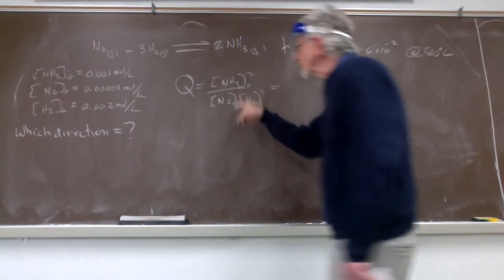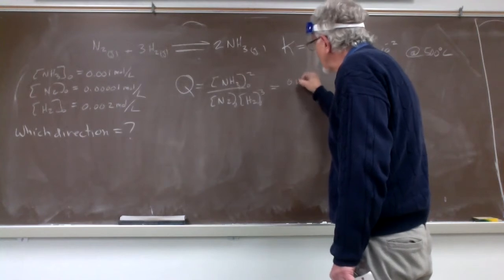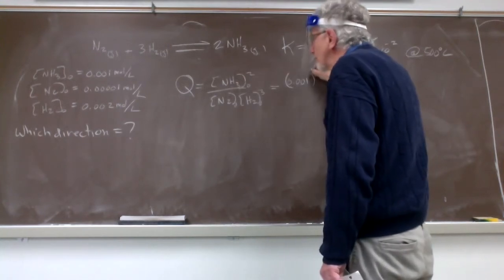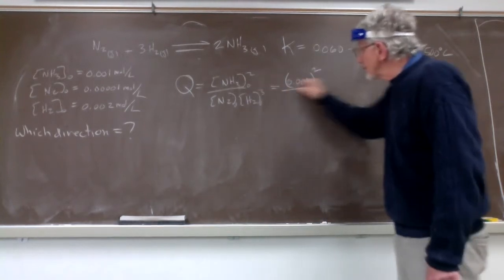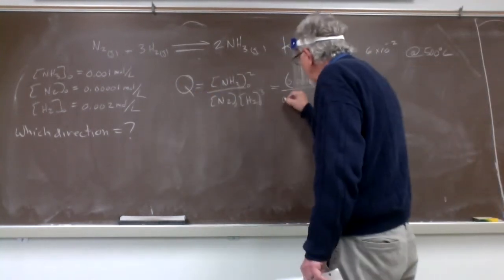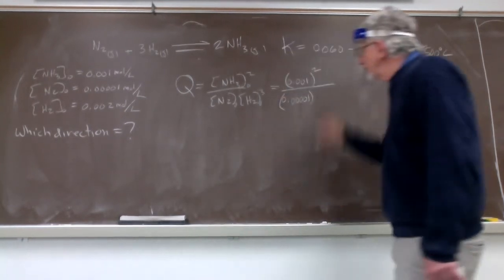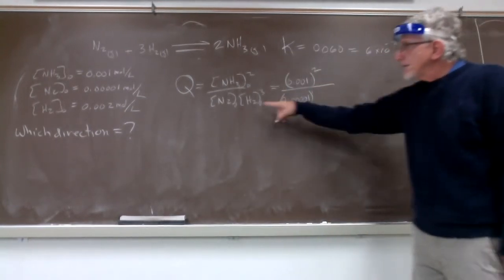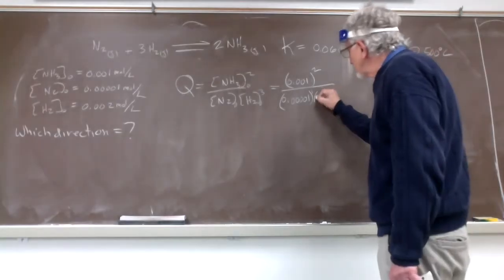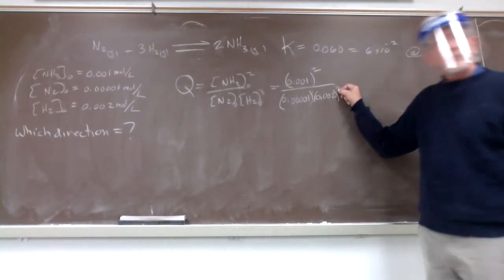Of course, it uses the initial concentrations. So the ammonia, NH3, 0.001 mole per liter. Don't forget to square it. Divided by the concentration of nitrogen, 0.00001 to the first power, divided by the initial concentration of the hydrogen, which is 0.002 to the third power, right?